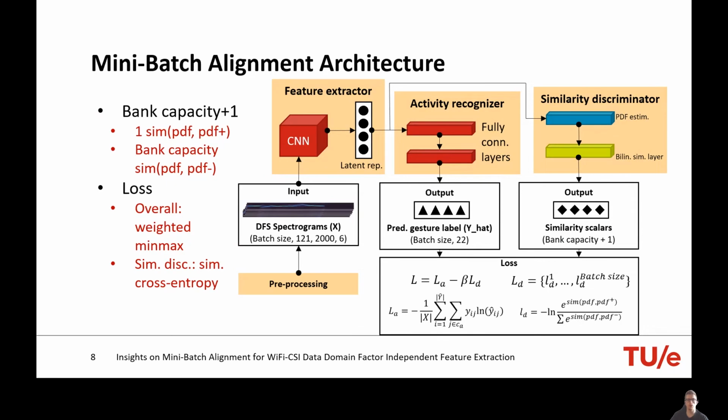And later on, in addition to the activity recognizer output that predicts labels, we also have a similarity discriminator that outputs similarity scalars. Similarity scalars are created via two layers called the probability density function estimating layer and the bilinear similarity layer.